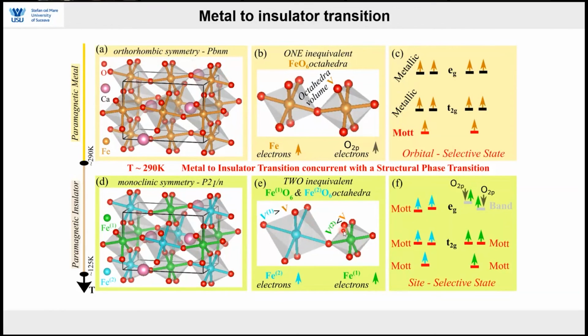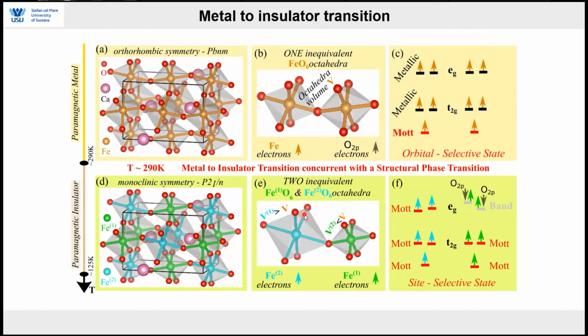People have done all kinds of Mössbauer spectroscopy, which is different from resonant X-ray scattering. And the Mössbauer spectroscopy said that in calcium iron oxygen 3, again, you have charge order, or oxidation states, of 4+ and 2+, meaning you have almost 2 electrons difference between different iron sites.